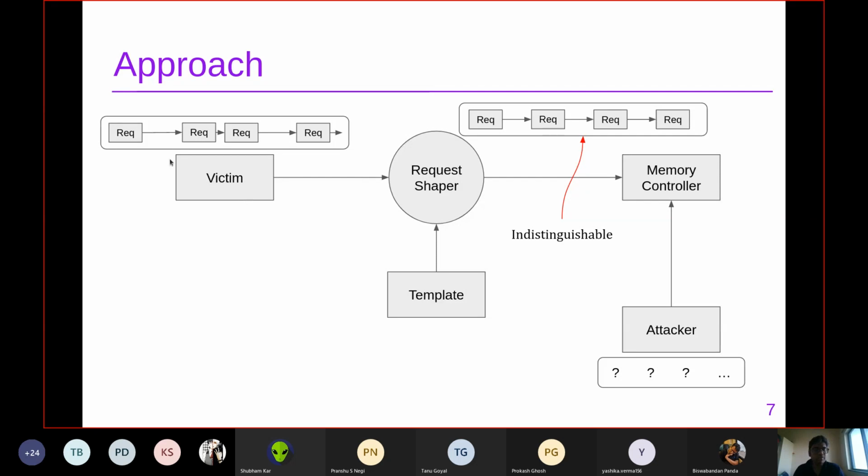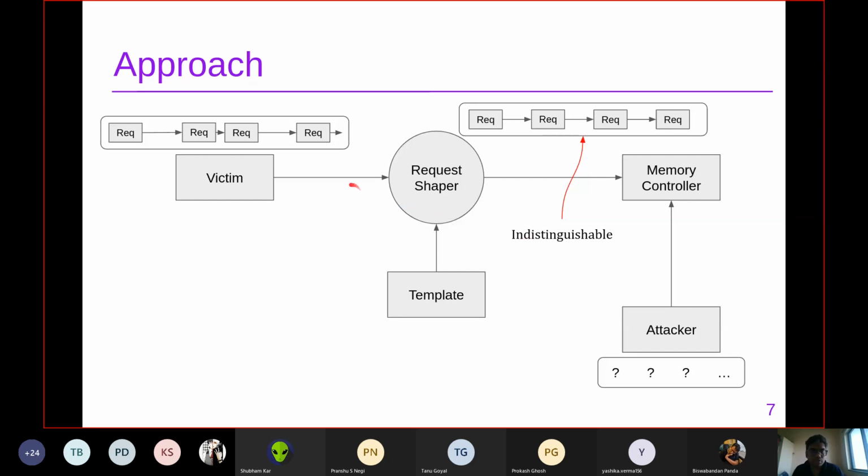On a very high level, the approach is very simple. We want to take the victim's memory access pattern, which could encode secret information, and put it into a request shaper. Using a predefined set of hints, we shape the memory access pattern of the victim into an indistinguishable pattern so that the attacker cannot guess what the secret information is.